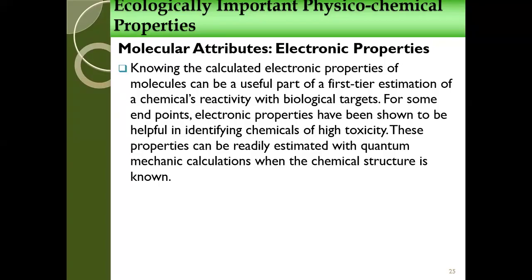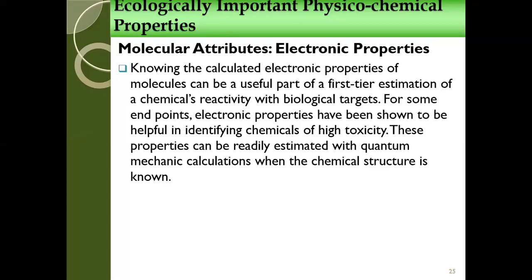And for some endpoints, electronic properties have been shown to be helpful in identifying chemicals of high toxicity. So there are certain calculations or numbers that you are able to get from a particular molecule. You can predict how toxic that substance can be.